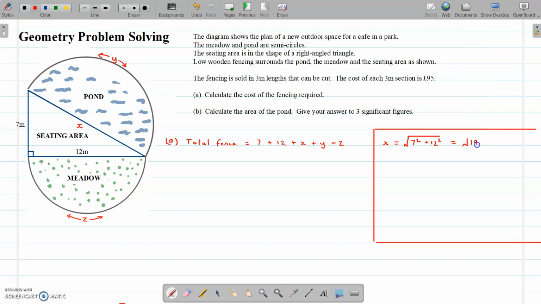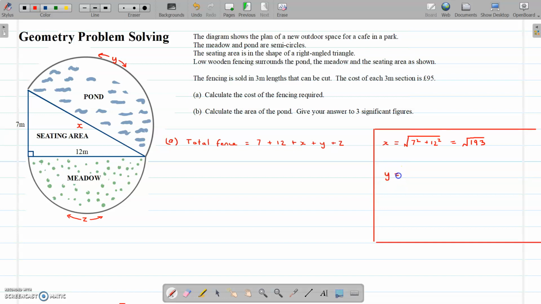Leave it like that. Do not decimalize it or try and round it. It's exact like that. Keep it like that for now, and let's work with that number. So what about Y then?